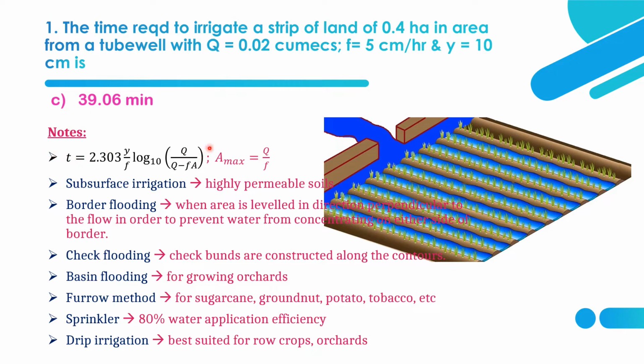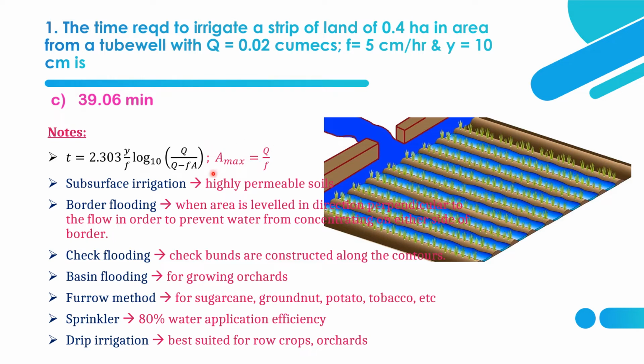We have all the data: Y average depth is 10 centimeter, F is 5 centimeter per hour, Q is 0.02 meter cube per second, and area is 0.4 hectares. We have to substitute in the relevant units to satisfy dimensional consistency so that we can get the answer for time in minutes, like option C, 39.06 minutes, as the correct answer.